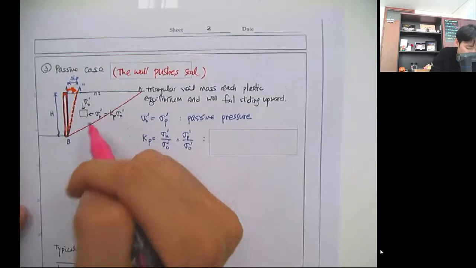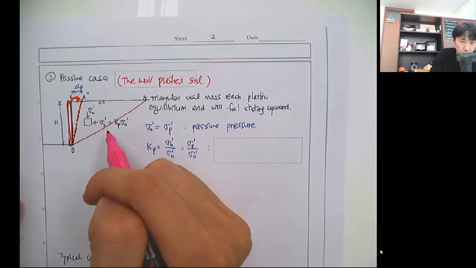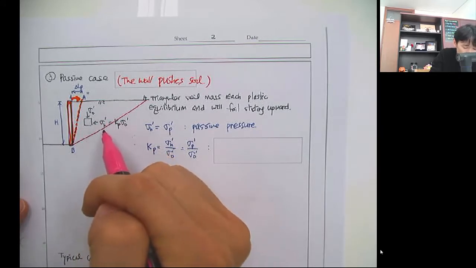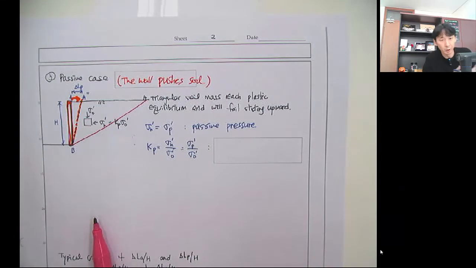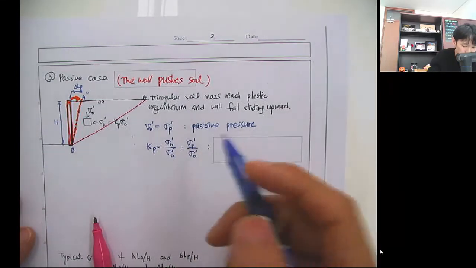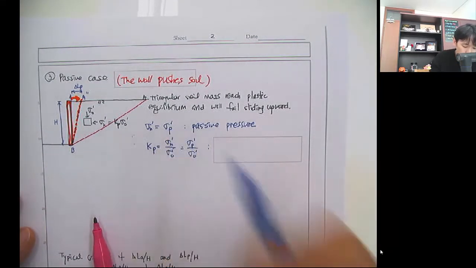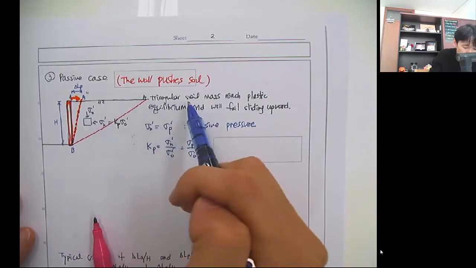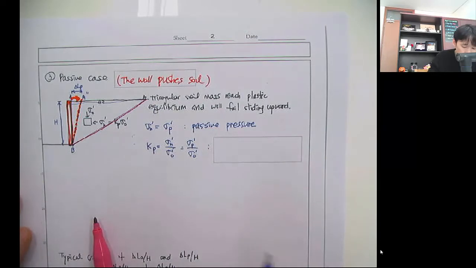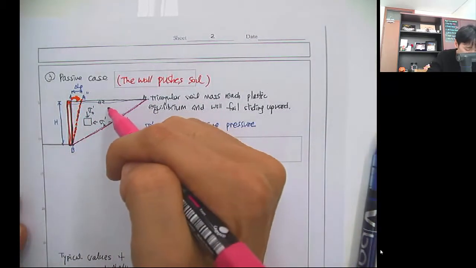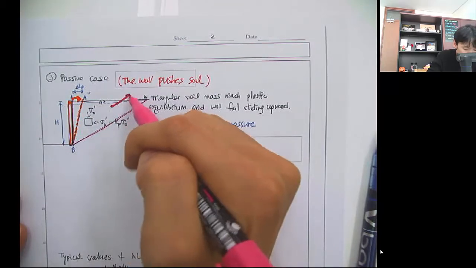Then the horizontal stress will increase a lot. This horizontal stress at the passive condition, when the wall is moving into the soil, is called the passive pressure, sigma P prime. The triangular soil mass here reaches plastic equilibrium and will fail, and during the failure it will slide up.